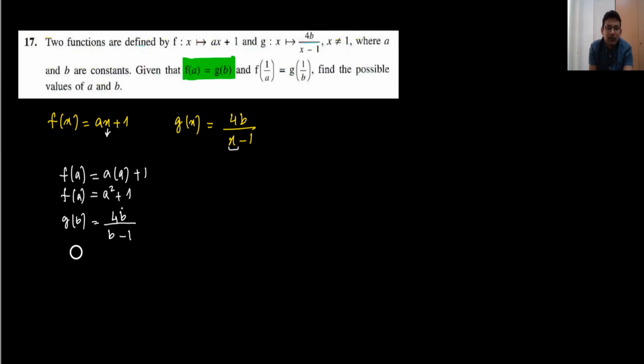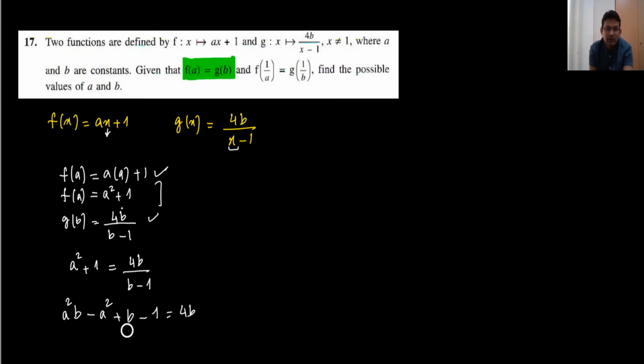So we have two equations, and this equation and this equation we can equate, like a squared plus 1 is equal to 4b upon b minus 1. By this way, when we arrange this, a squared with b is a squared b, a squared with 1 is minus a squared, but this is plus b, and this is minus 1, is equal to 4b.